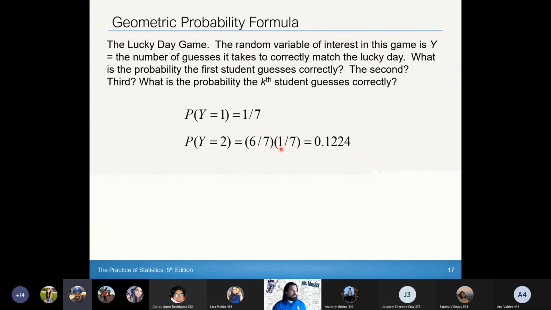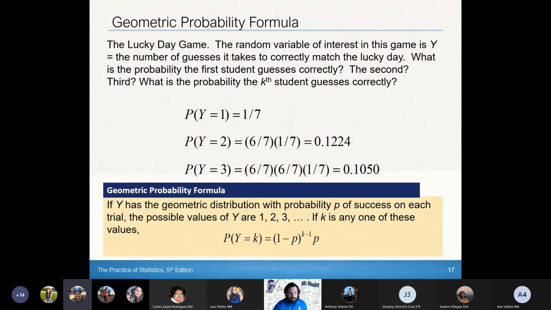We get 6/7 times 1/7, 0.1224. For 3 guesses, that means 2 incorrect guesses in a row times a correct guess, and we get 0.1050. We can see how this builds up as we continue. The number of failures continues to get higher, so that number is multiplied by more, and we get only 1 multiplication by the success rate.